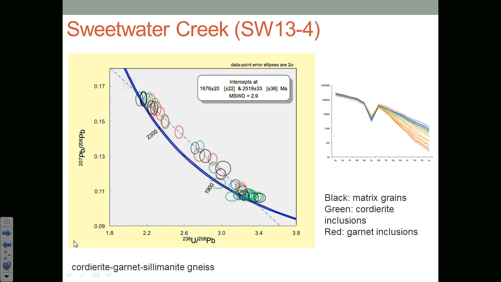And in the inclusions we looked at inside the cordierite, which is a decompression metamorphic phase that forms later in the history, we see that the cordierite, which is now green on this diagram, is recording the younger ages dominantly, whereas garnet inclusions, which are red, are recording more of the older ages.